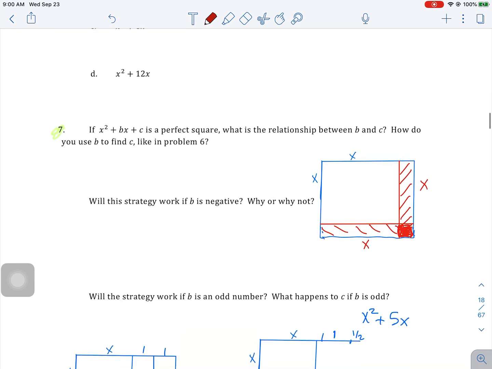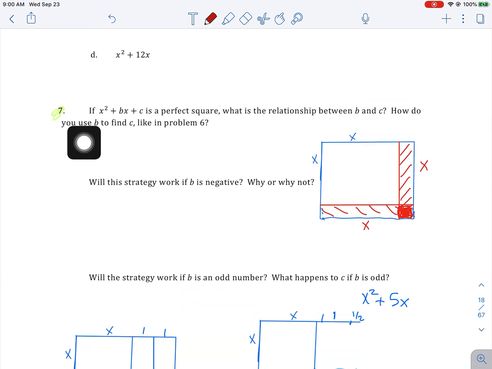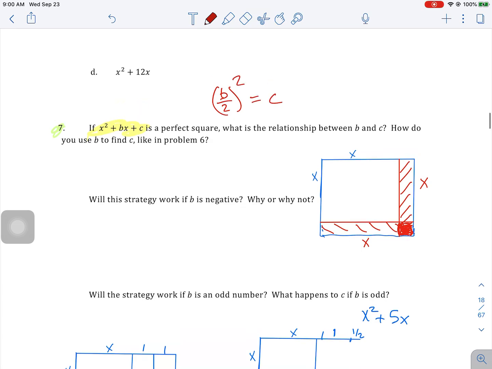Well, the question is, what's the relationship if you use x squared plus bx plus c? How are b and c related? And one of the things you hopefully came across is if I take my middle term and I halve it, because I'm adding it together to get the middle term, and then I square it, I get my c term.